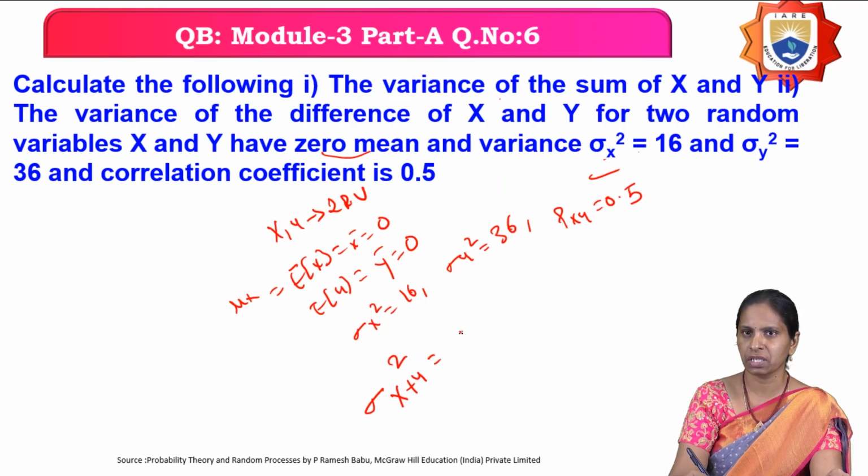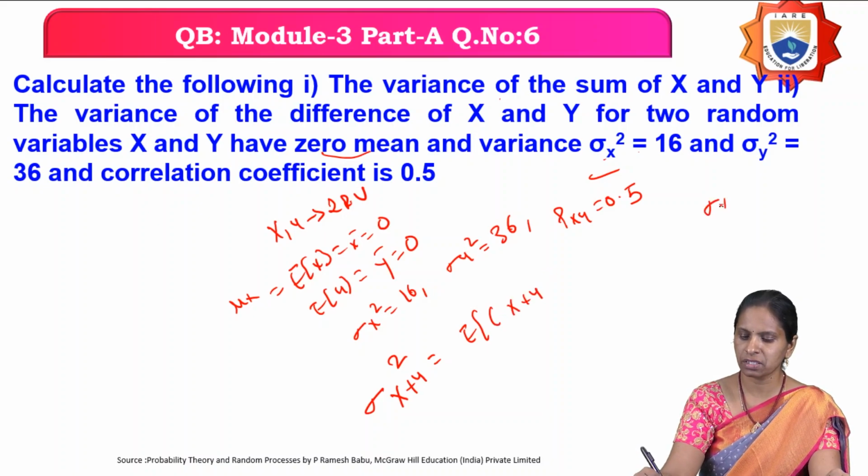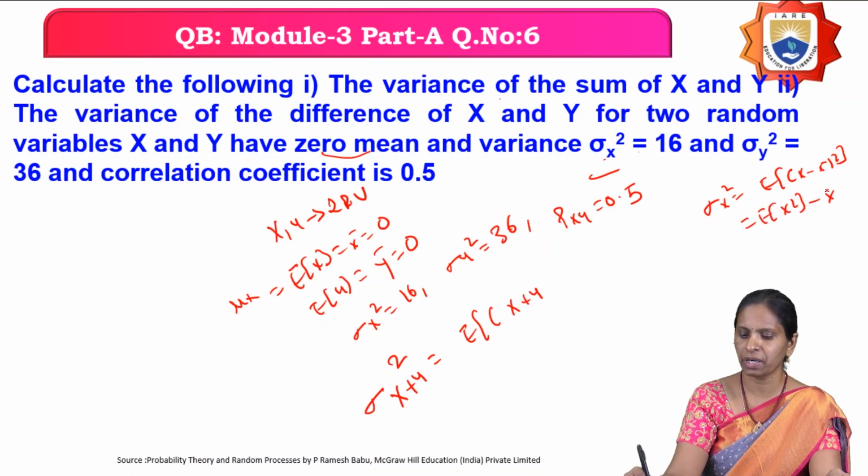Then what is the formula for sigma x plus y whole square? Expectation of x plus y. What is the sigma x square formula for the random variable x? E of x minus x bar whole square. If you simplify, what can happen here? E of x square minus x bar square. Similarly here, in place of x, you have x plus y.